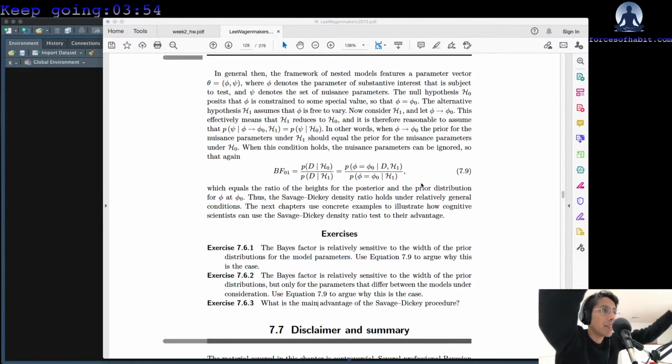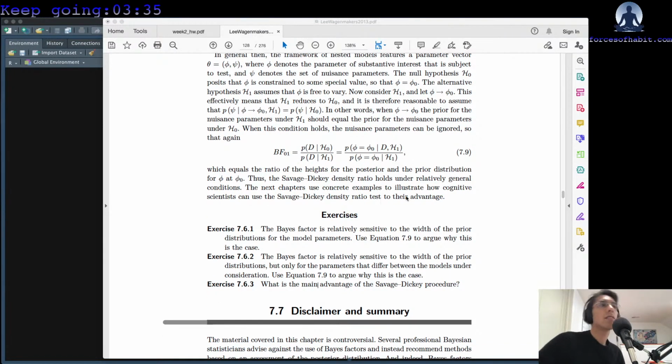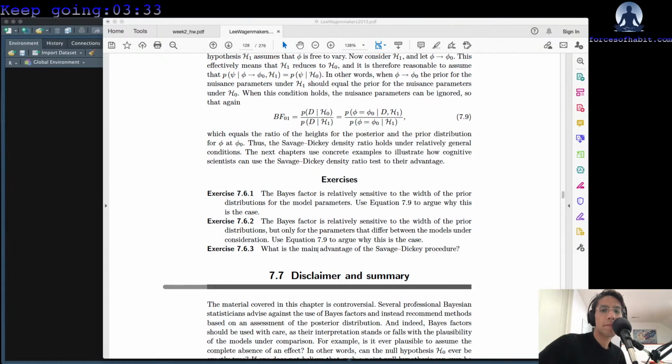So we're penalizing for complexity, right? We're going to get a lower value here for the Bayes factor, because we have a wide range of possible instances of these values being equal to one another, I think. Something like that.